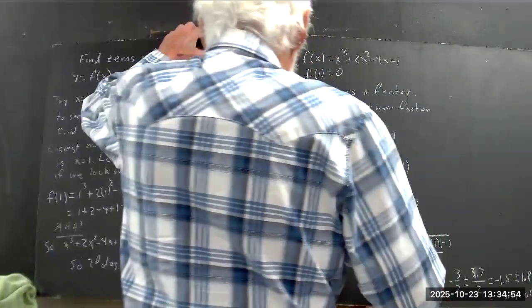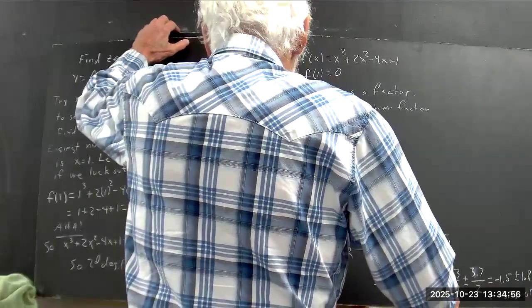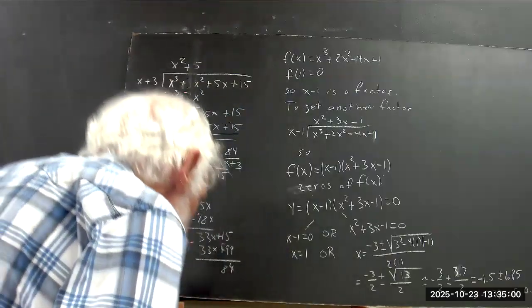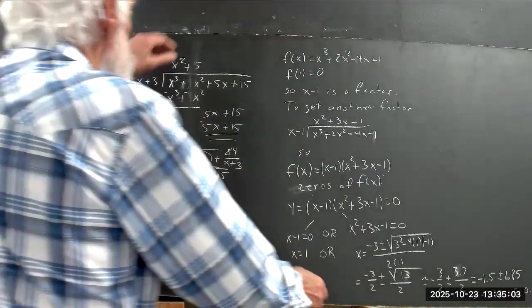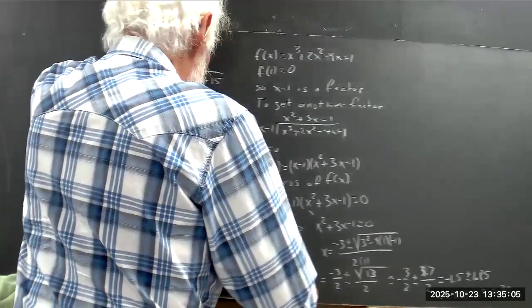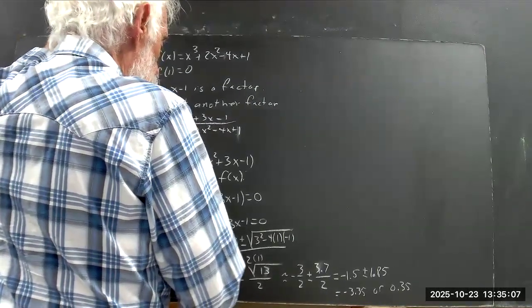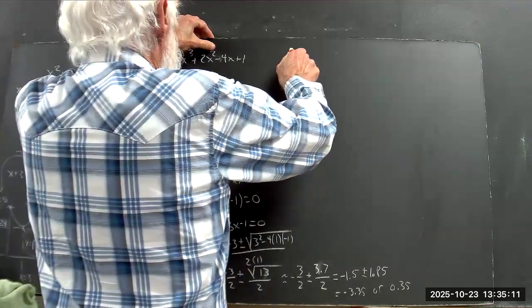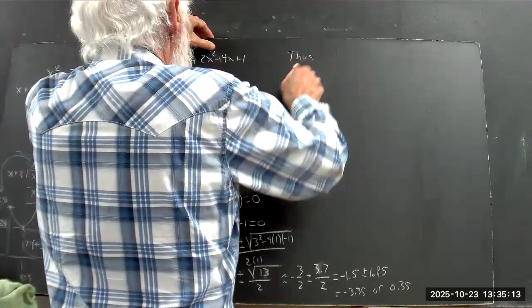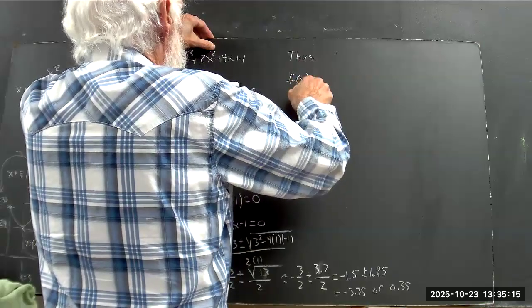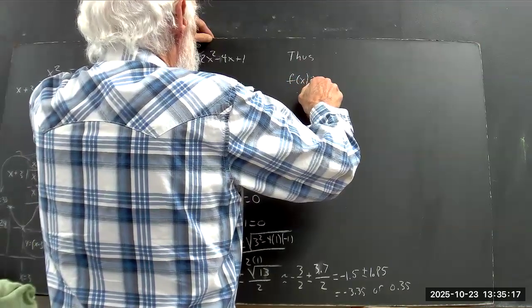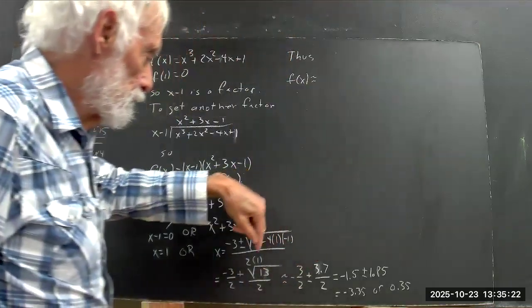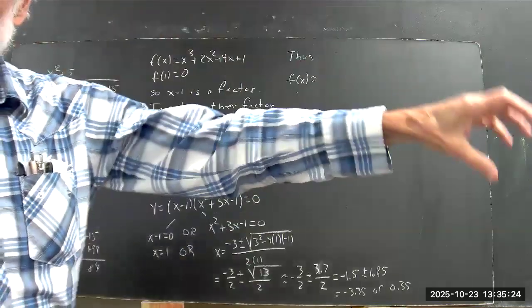So now f of x is approximately, because the square root of 13 is an irrational number.